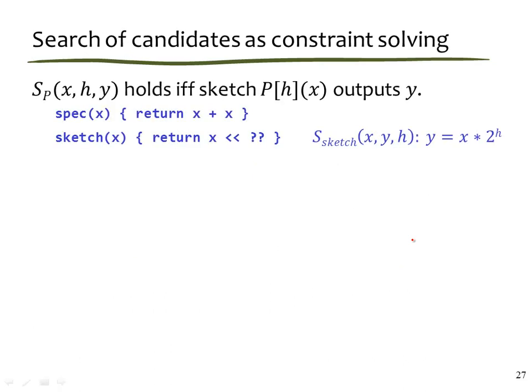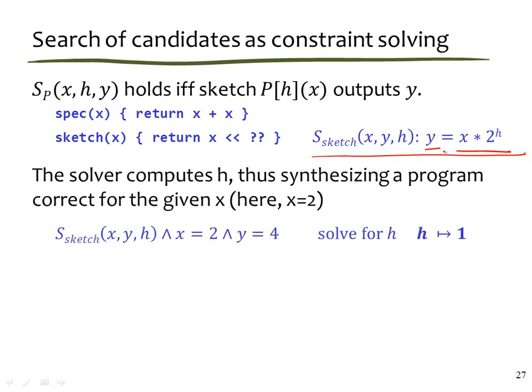Imagine that we take a sketch, which is a program with input x, output y, and holes inside which parameterize it. You create a formula now with 3 arguments. Here it is. This is encoding the bit shift operator. y again is the output.